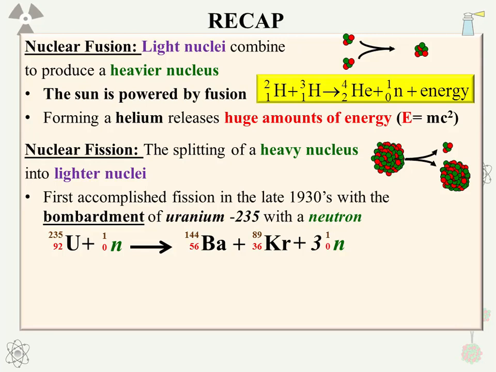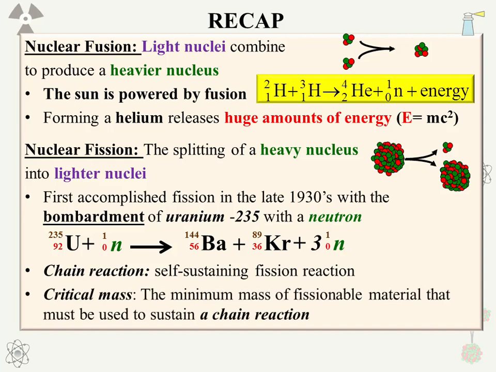If those neutrons go on to bombard additional uranium-235 atoms, a chain reaction might occur. This is a self-sustaining fission reaction, and there needs to be a critical mass, or a minimum mass of fissionable material, in order to sustain a chain reaction.